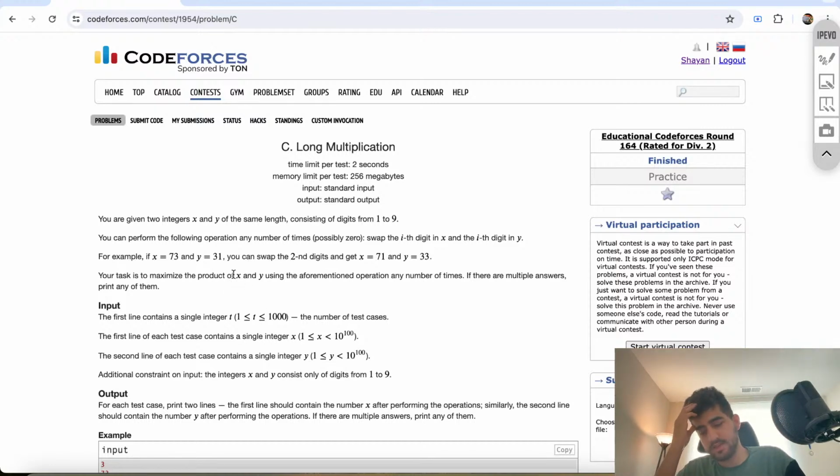Well, the first thing that comes to my mind is that the sum of these numbers remains the same. Okay? So the sum always remains the same when you're just swapping digits between two numbers. For example, this always is worth 1, this always is worth 3, this always is worth 70 because it is 7 at the second position.